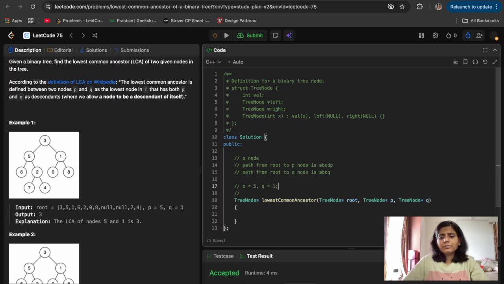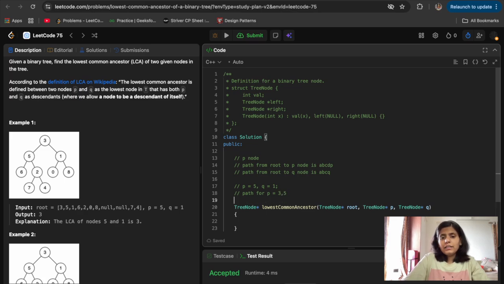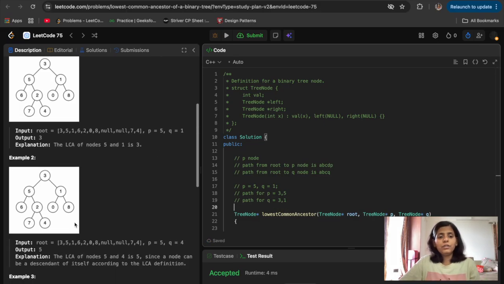The path for P from the root is 3 and 5, and the path for Q is 3 and 1. Who is the common one here? 3, and then we don't have any more commons, so the answer is 3. They have given 3 as the answer.